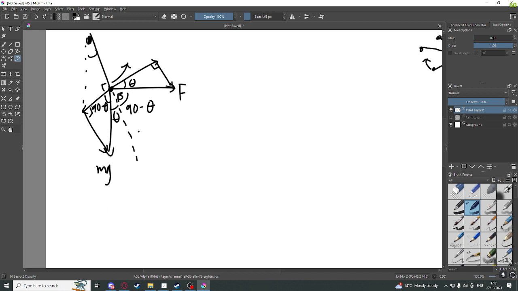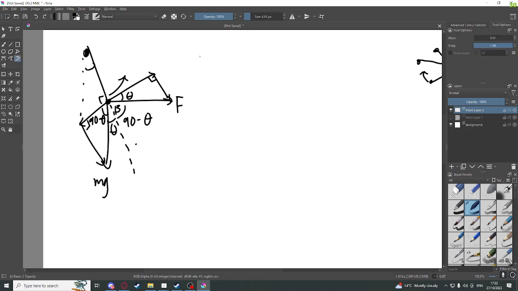And so the tangential component of weight this time will be mg cos(90 minus theta), which is also equal to mg sine of theta, is less than or equal to my repulsive component force, which will be F, sorry, wait, let me label that as theta again, F times cos theta.